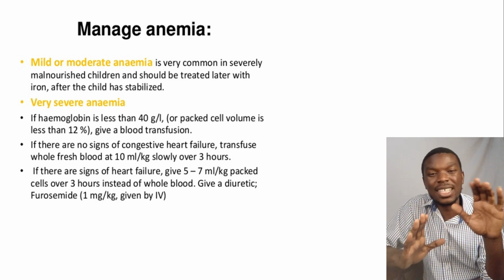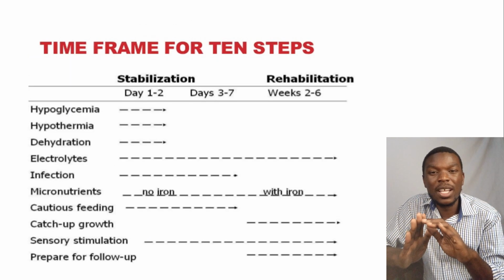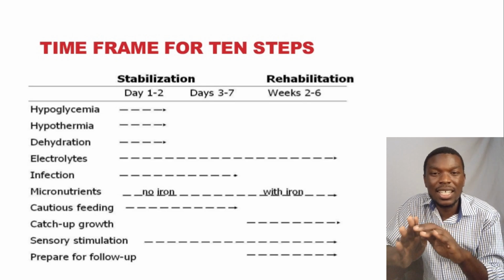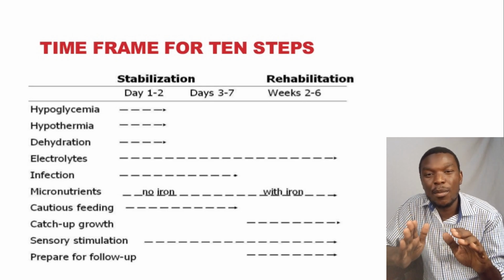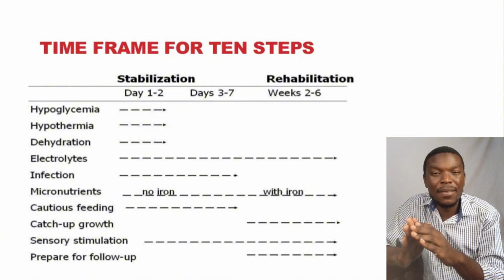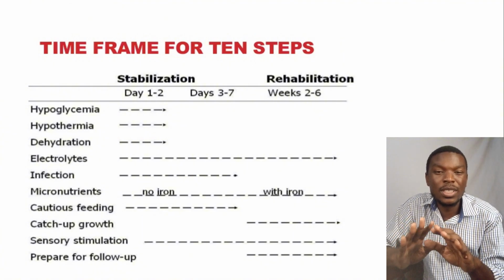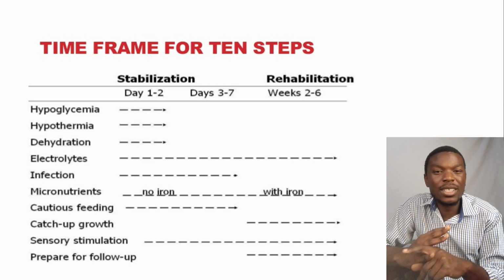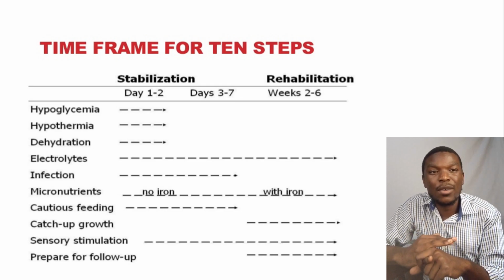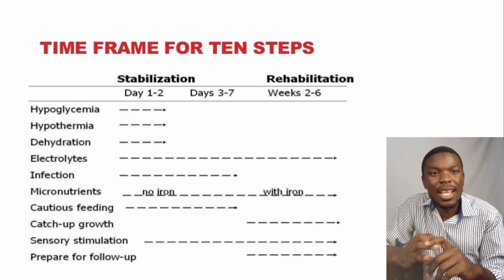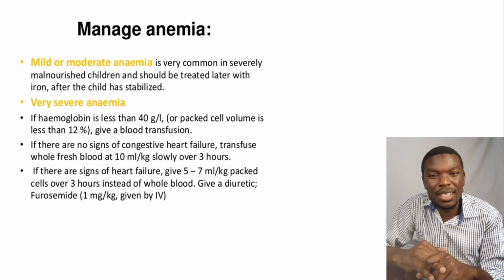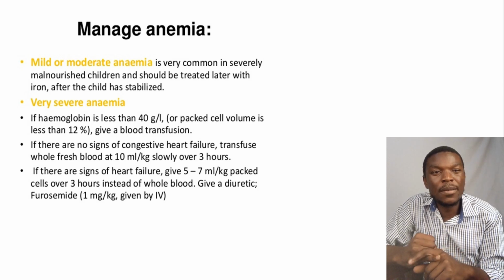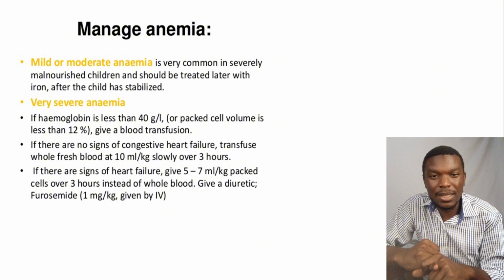Remember, there's the first chart that we had seen where it was indicated that in the first 2 weeks, you are not able to give iron. So even when the child is anemic, we are not going to give iron until the child has stabilized. If anemia is very severe, you need to give blood.